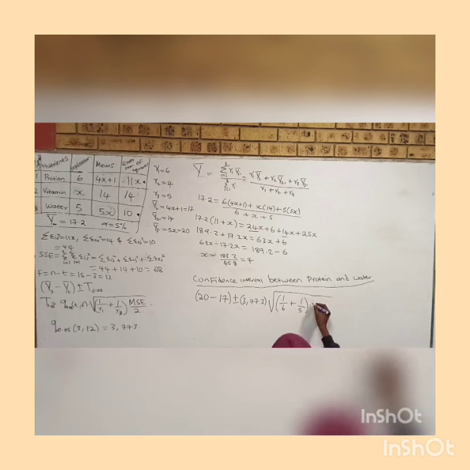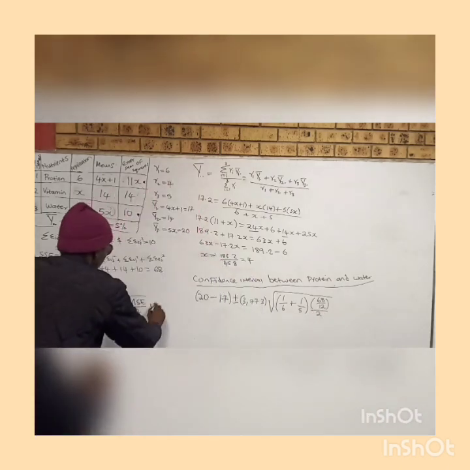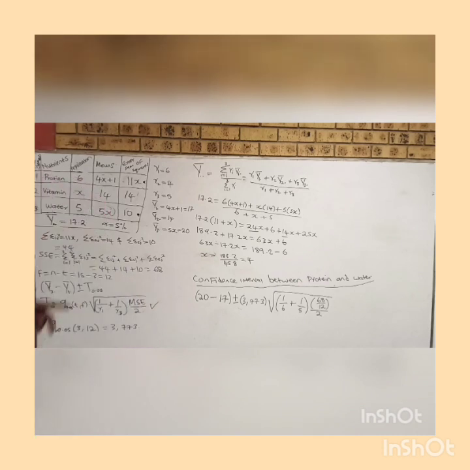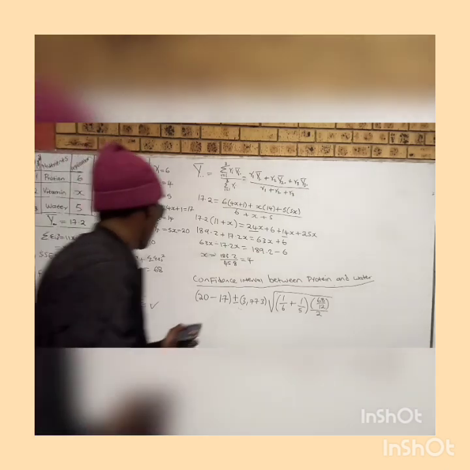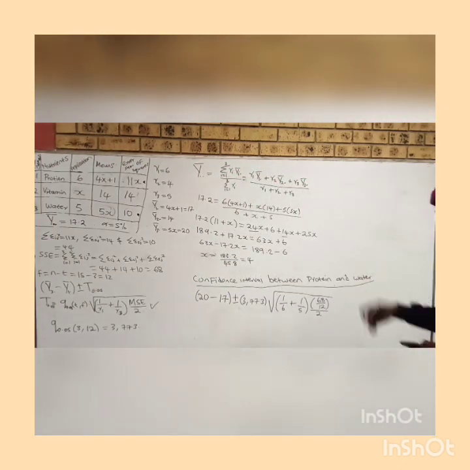We multiply by our MSE, as I said, I'll write it as 68 divided by 12, since MSE is SSE over f, where f is the degrees of freedom of the errors, then I have to divide by 2, following this formula here. So whatever I find is the confidence interval. I just have to punch this on my calculator and give you the final answers.